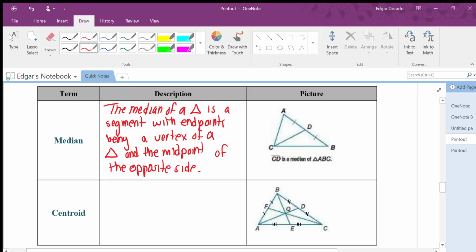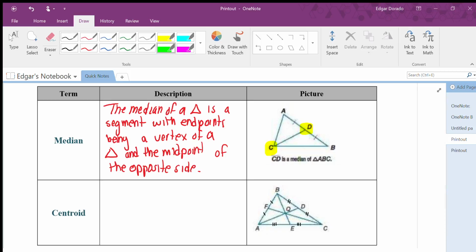Let's make sure we understand what that means. This median here, CD, is a median for the triangle ABC. As the definition says, the median of a triangle is a segment with endpoints being a vertex of my triangle and the midpoint of the opposite side.